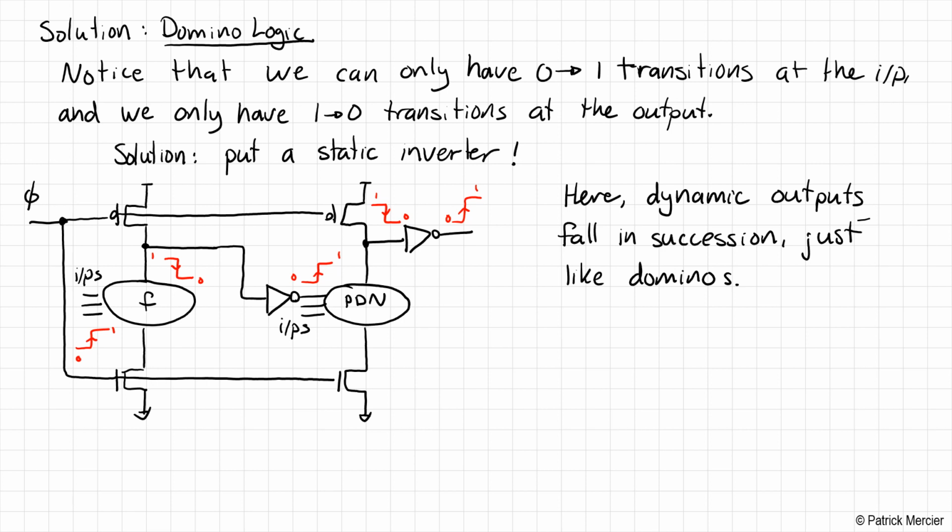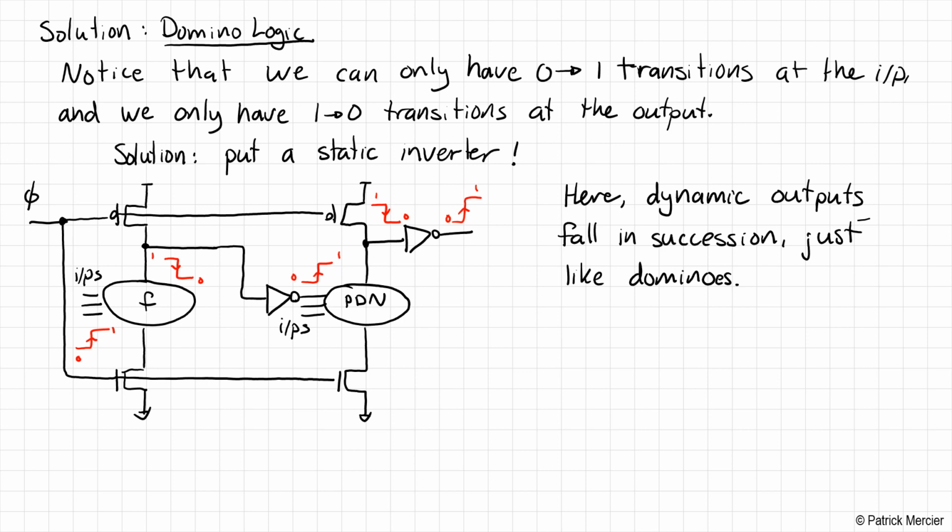Okay, so if it falls, then that will go through an inverter and create a rising edge. And then after that rising edge, you'll go into another dynamic logic gate, which will create another falling edge, and so on and so forth. Okay, and I just realized that I believe I spelt the dominoes here like the pizza chain, not as actual dominoes. Okay, there we go.